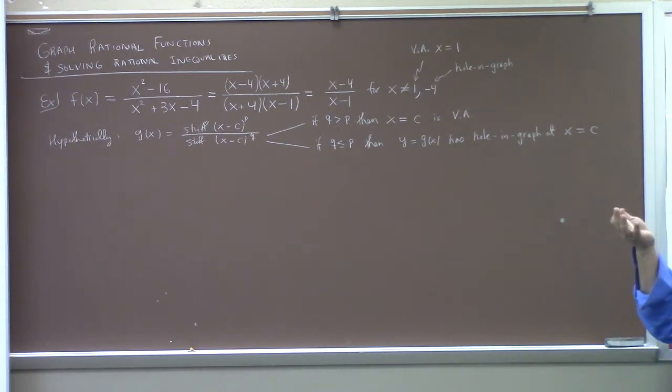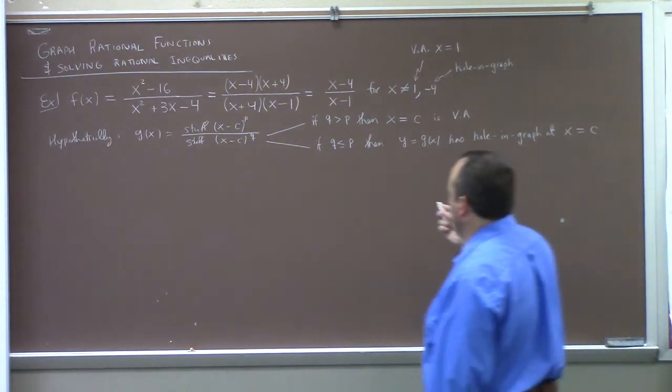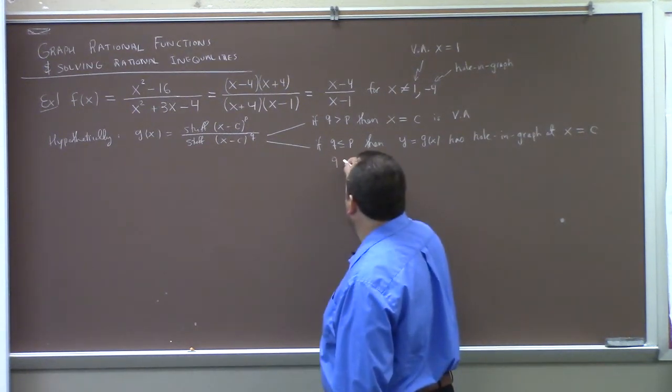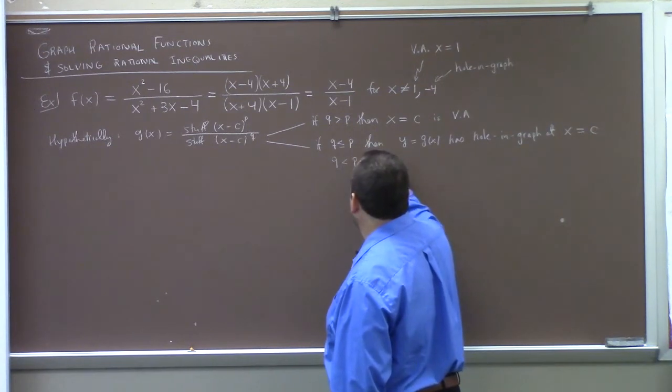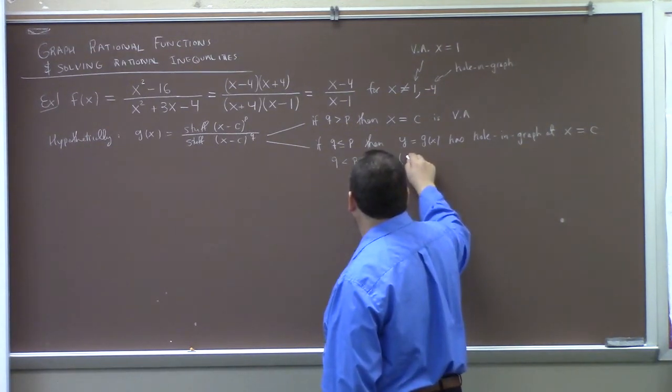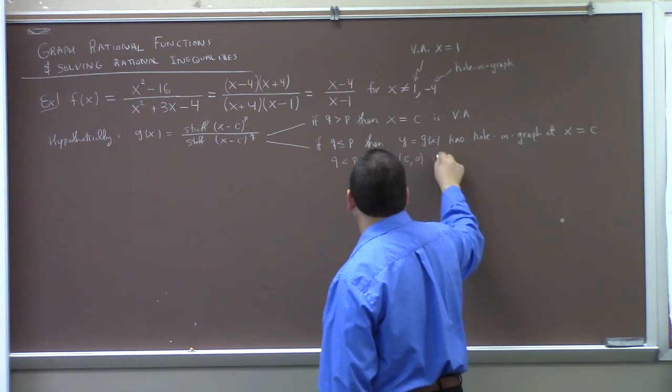And I can tell you more. By the way, if q is strictly less than p, then I can tell you that c comma 0 is the hole in the graph.